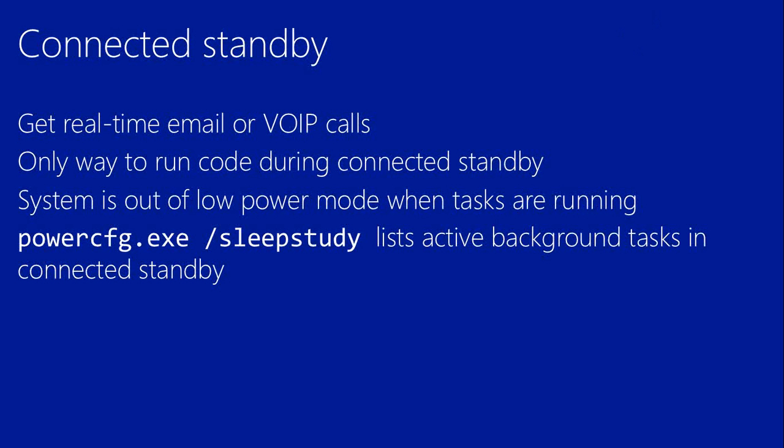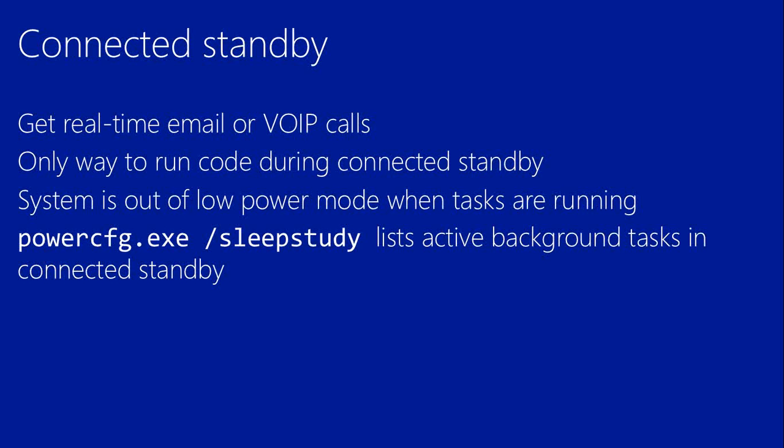When you're trying to run code in this connected standby mode, the system is taken out of the low power mode. If your code requires some network connectivity, the network is taken out of low power mode, and then you can run your application. So you can basically get real-time emails or VoIP calls in this connected standby mode.